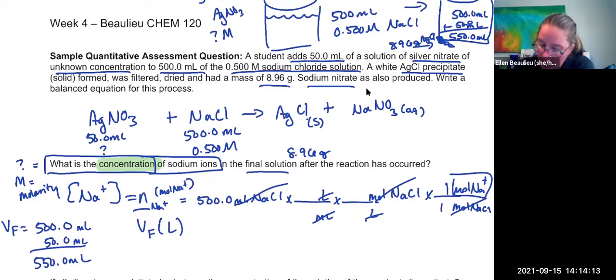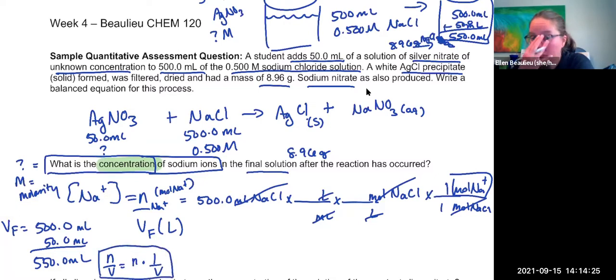If you'll remember mathematically, n over V is equal to n times 1 over V. Algebraically, these are identical. So all of this tunnel has given me moles. Now I can just divide by the volume, which is 550 milliliters. People ask me a lot of times when I do this, what does this 1 mean?